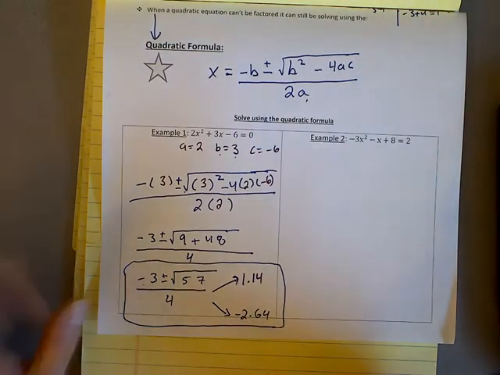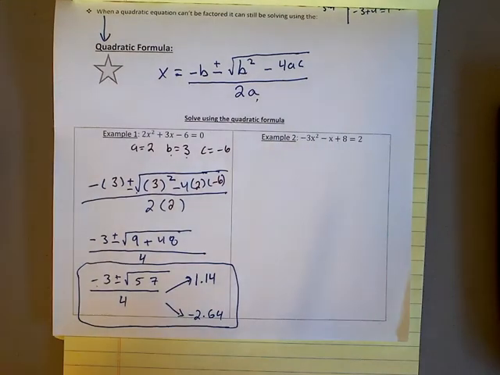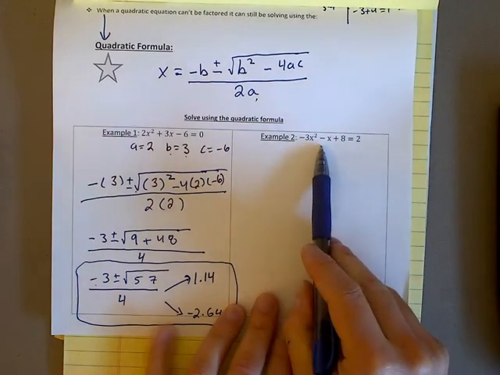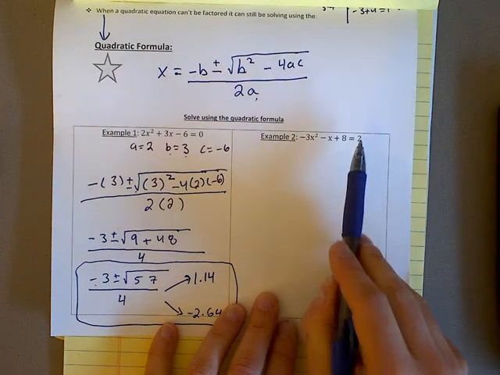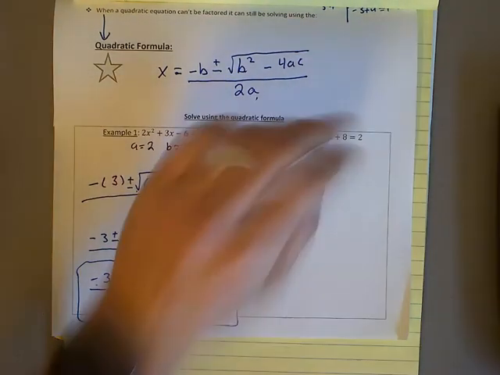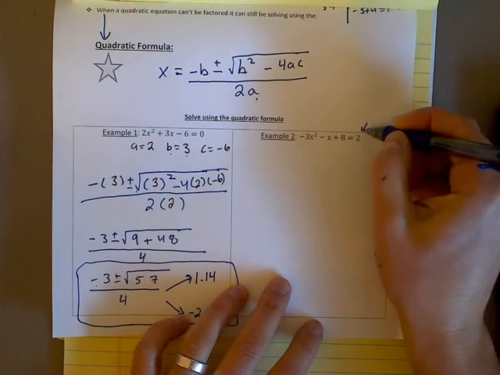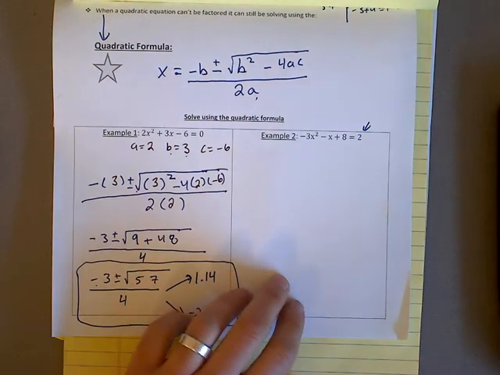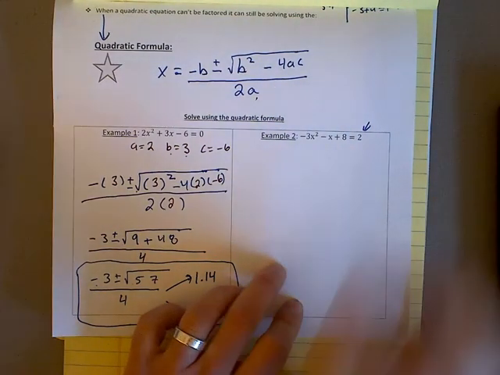So one more example. We'll do negative 3x squared minus x plus 8. This time it's equal to 2. In order to successfully solve this, that 2 has to be 0, so we just have to move that over to the side.